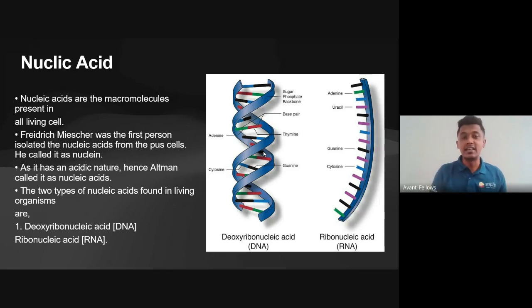He named it nuclein. After that, the acidic nature of nuclein was discovered by Altmann, who gave the name nucleic acids. In biology, we discussed that we have two types of nucleic acids: one is deoxyribonucleic acid, and the other is ribonucleic acid.